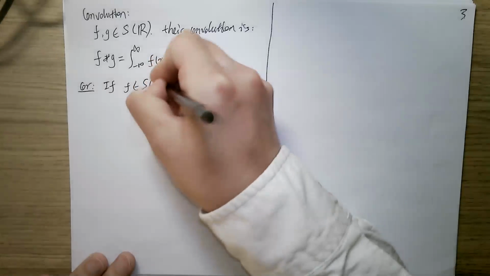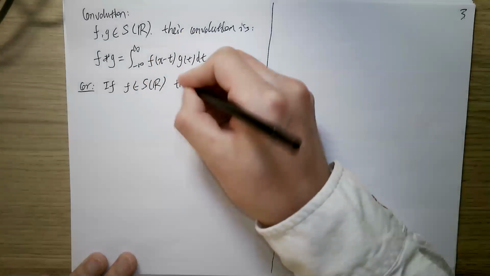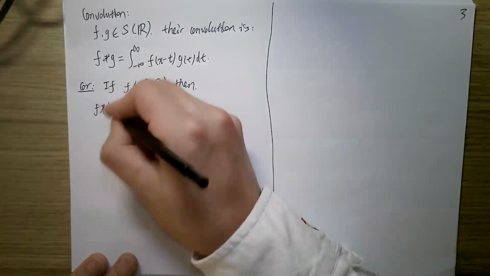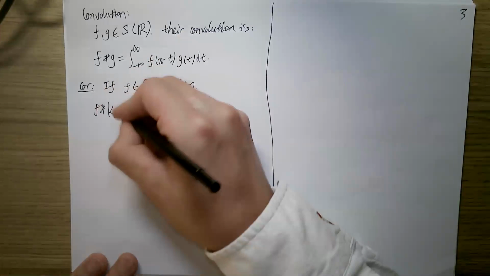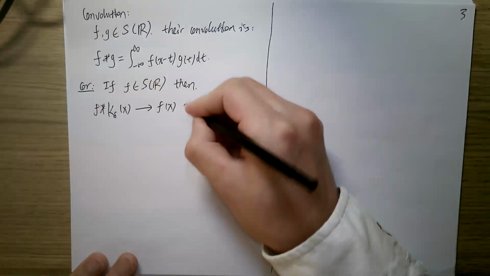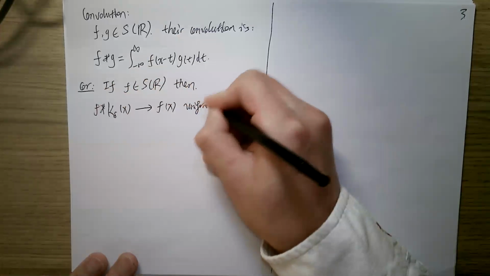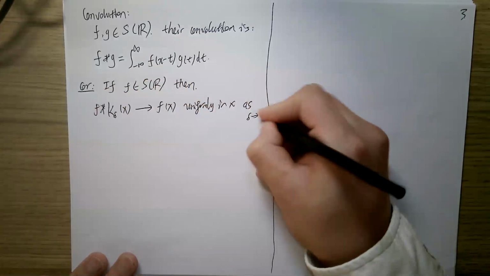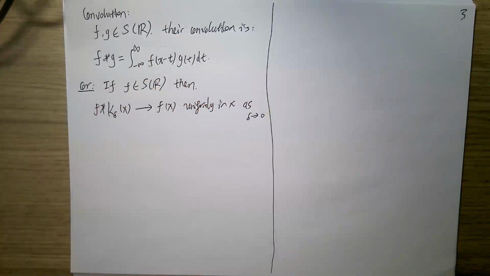Now you have a Schwartz function. Then what we have is you convolve with this kernel. It tends to f(x) uniformly in x as delta tends to 0. Okay?